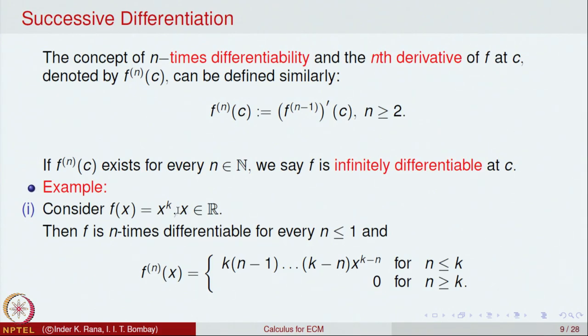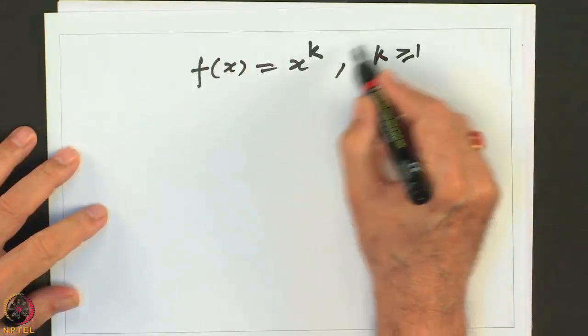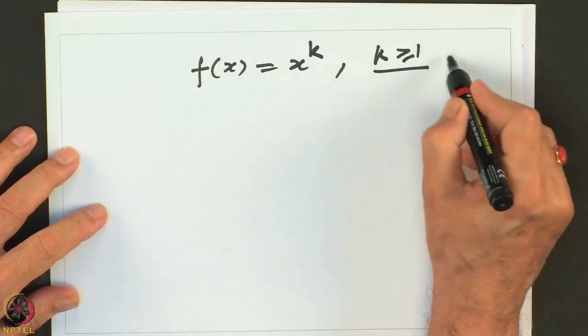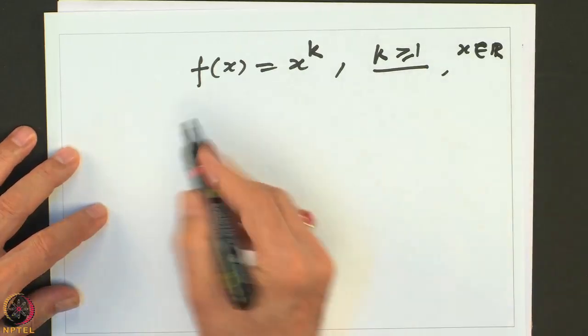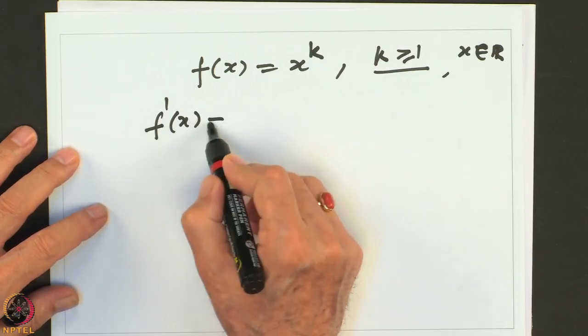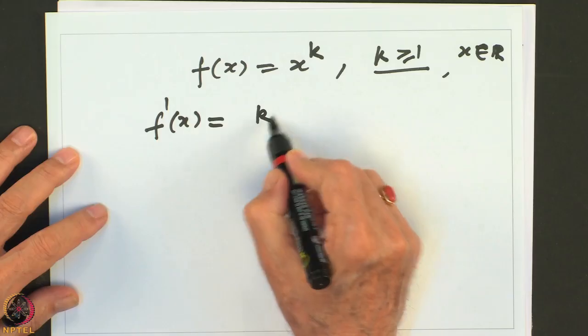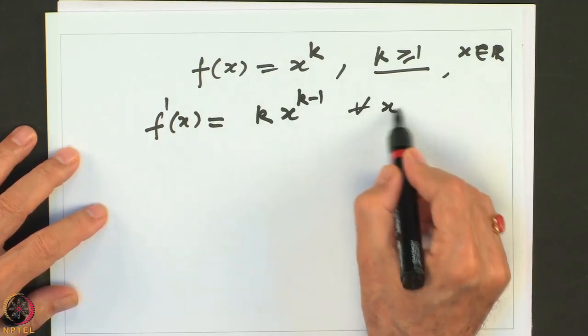Let me just write this so that it becomes clear. Let us look at the function f(x) = x to the power k, where k is a fixed number bigger than or equal to 1, and x is any real number. From our examples of differentiation, f'(x) is equal to k times x to the power k minus 1 for every x.